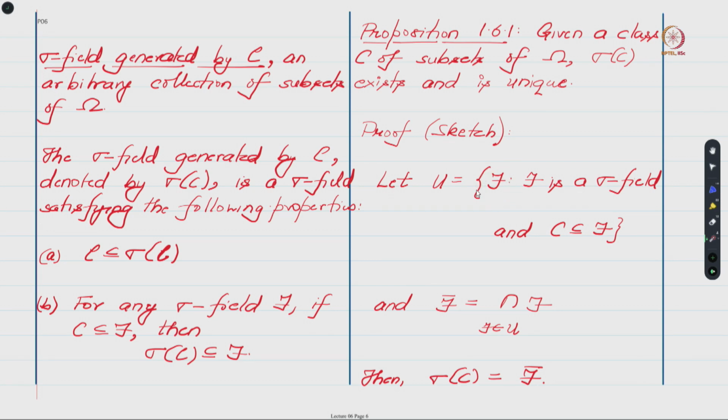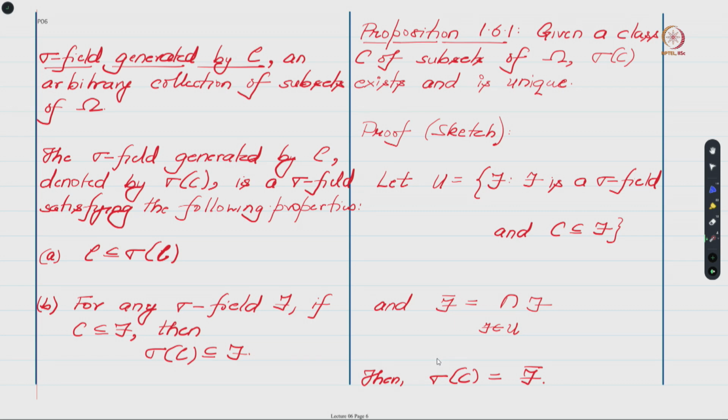In the previous proposition we saw that F bar is a sigma field by itself, and the proof then goes on to show that F bar is actually the smallest sigma field containing C, and hence it is sigma of C. You can verify these things on your own, it is not that hard.